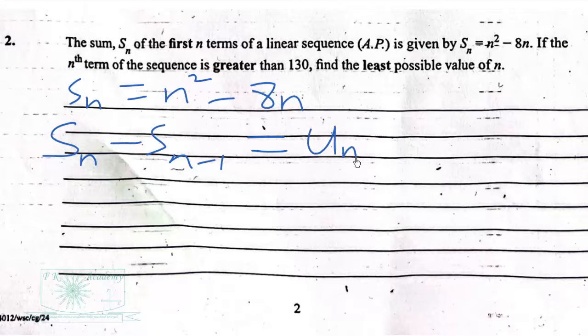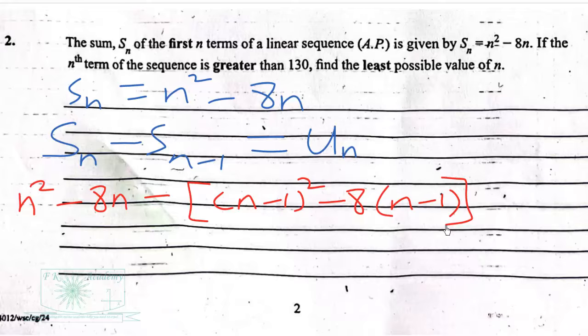So s sub n, n squared minus 8n, minus s sub n minus 1. So n minus 1 all squared. Then we have minus 8 into brackets n minus 1.